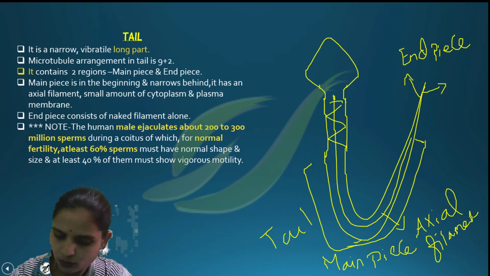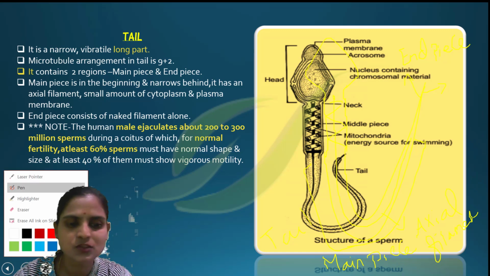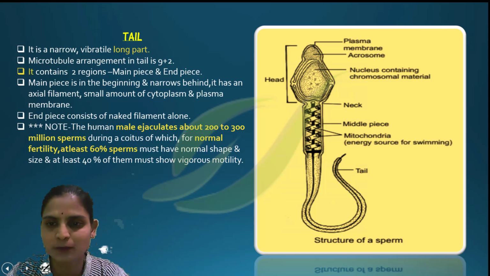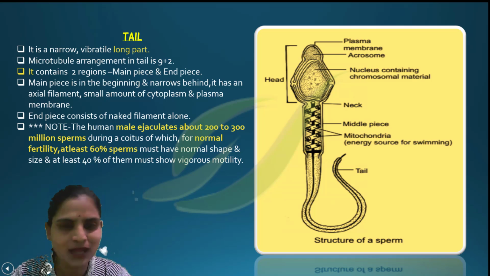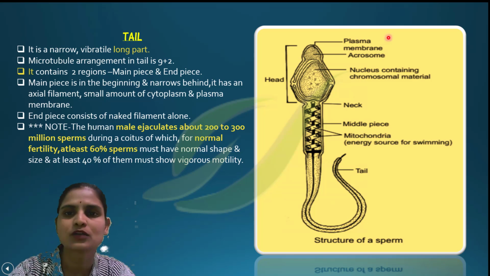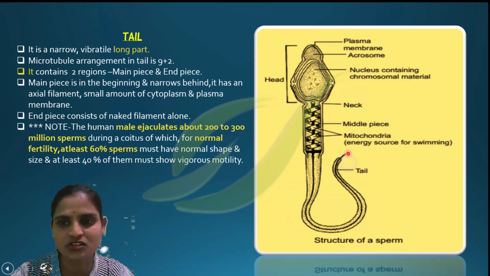Now we will see the structure of a complete sperm. Each and every part plays an important role. The first thing is the plasma membrane. This is present throughout the sperm except at the end piece region, and it helps in giving protection.